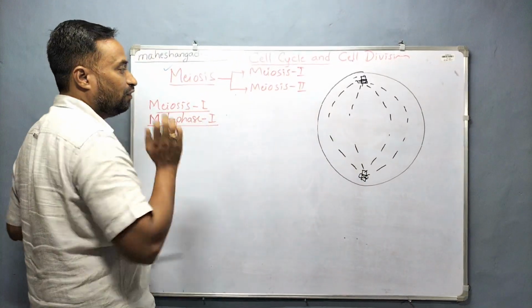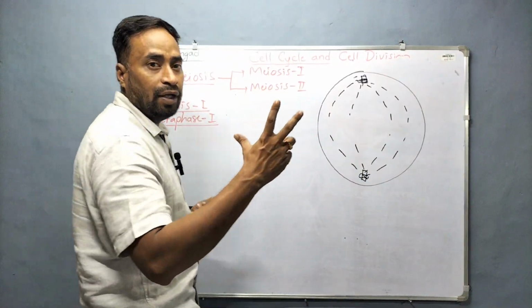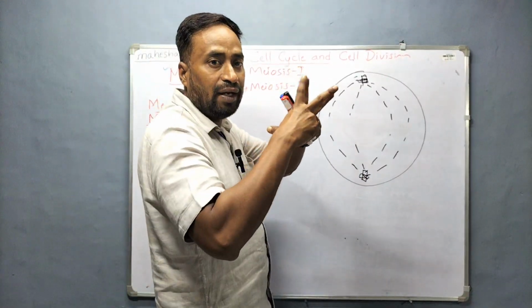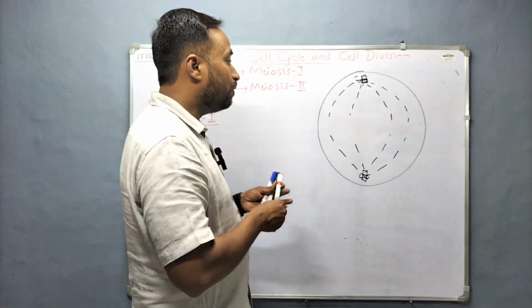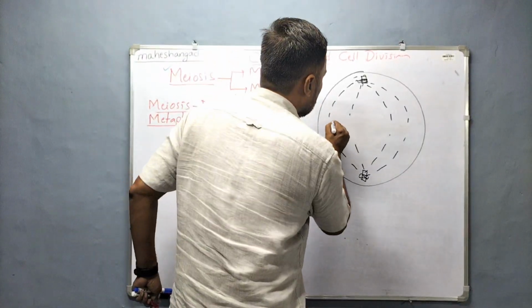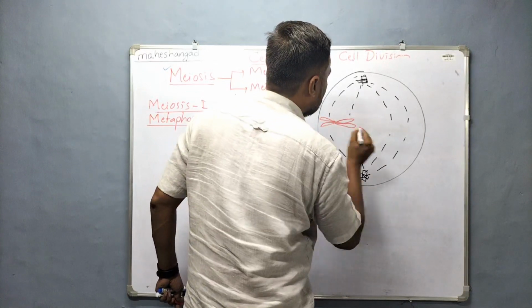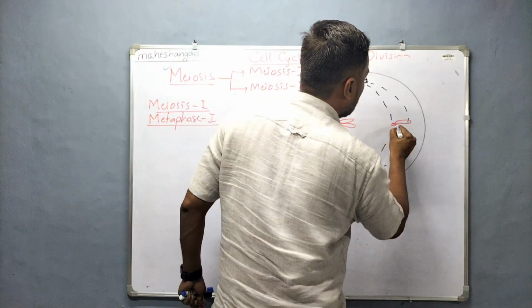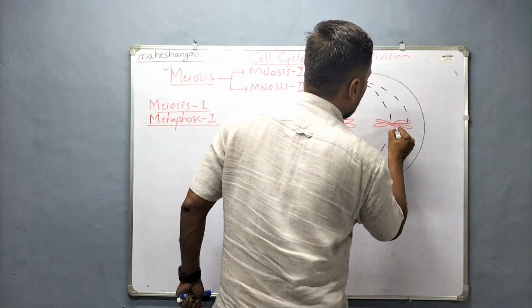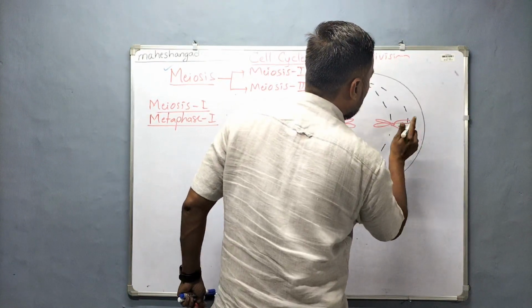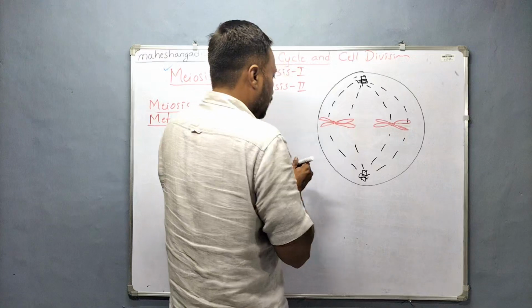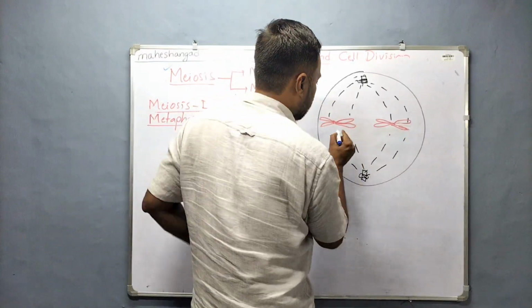During metaphase 1, the homologous chromosomes have already paired and formed a tetrad or bivalent. Those tetrad or bivalent chromosomes come and lie on the central equatorial plate.